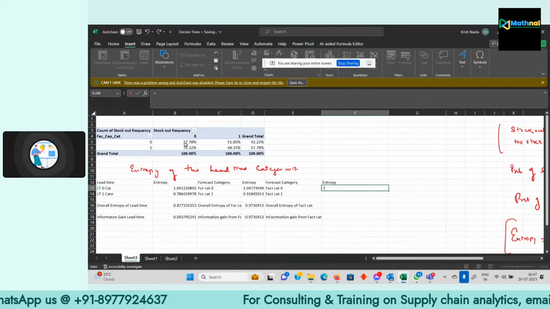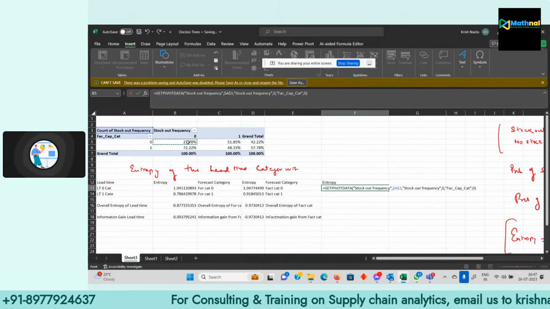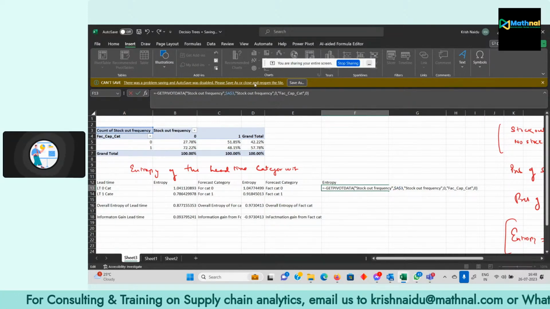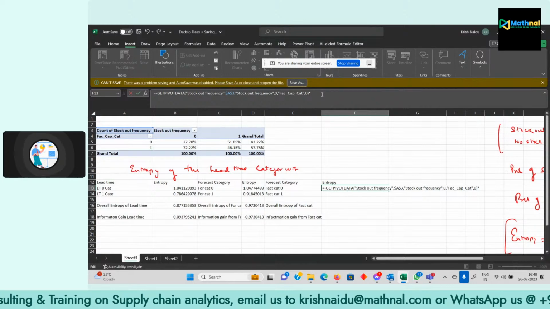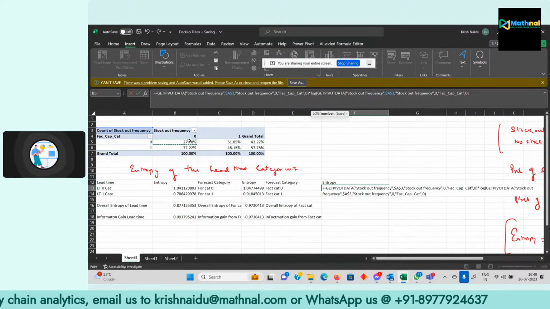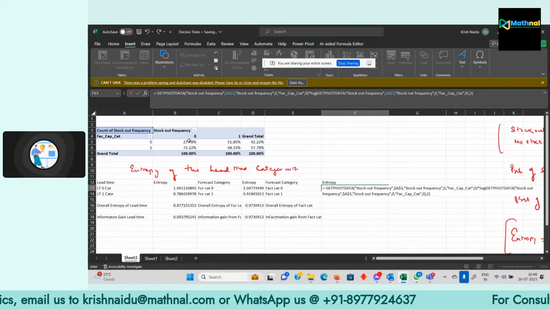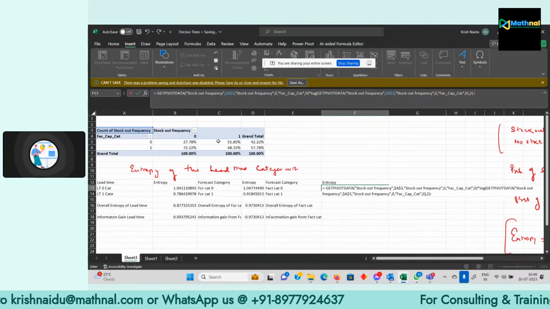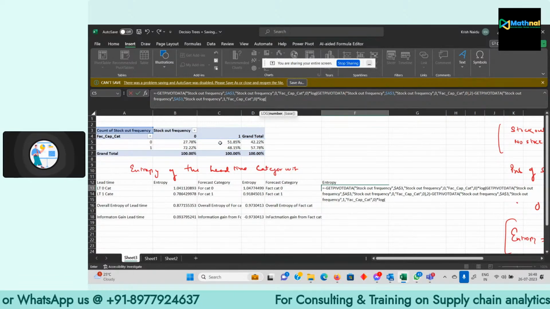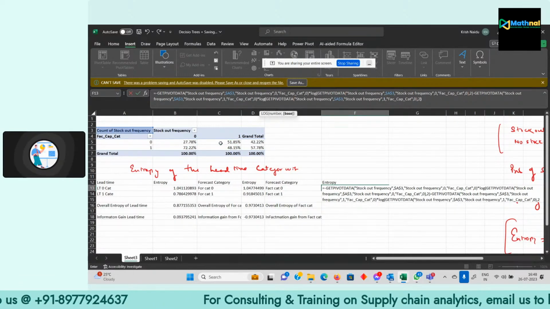So entropy for the factory capacity, first of all, I have to put a negative sign again. So negative sign into this into log of 27.7%, comma 2. Again, we have to put a negative sign. Take 51.58% into log of this, to the base 2.